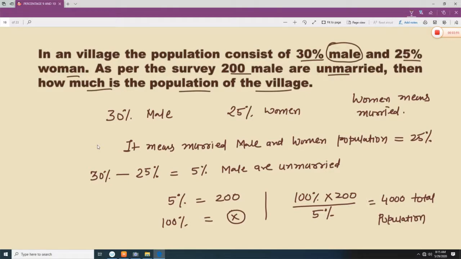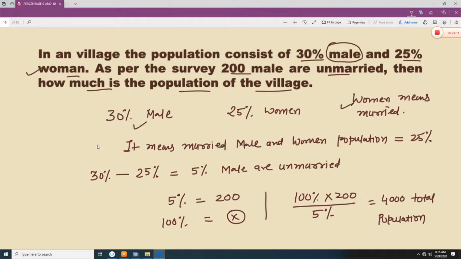But woman is only used for the lady who is married. If female is written instead of women, then we can consider a pure category that this is a female. But instead of writing female, they write woman. So woman means here we assume it is married.